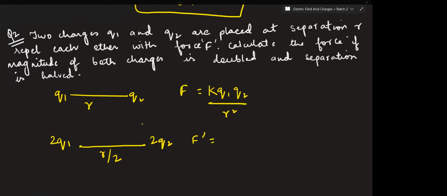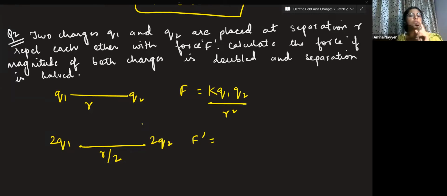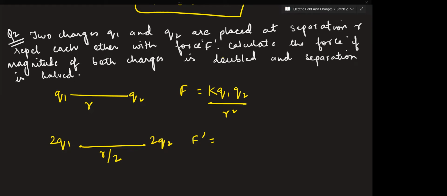Q1, Q2 will also be cancelled. No. See, this is the first part of the question. This is the second part. So write whatever will be the force now, because you won't take Q1, Q2 and then take the ratio. Okay, it's 4 upon 4, so it is 1. Okay. It's 1. 1 is what?